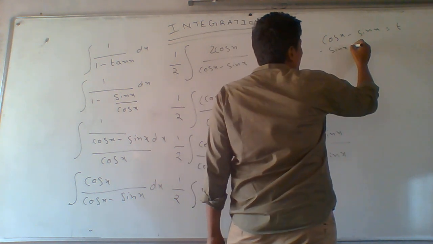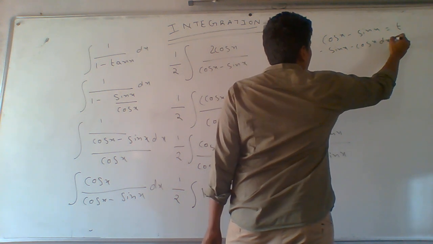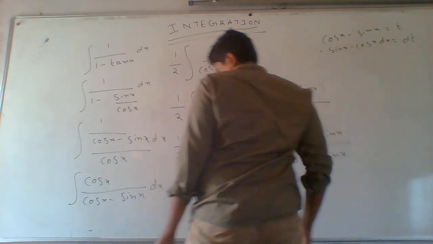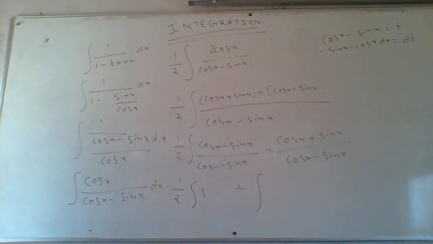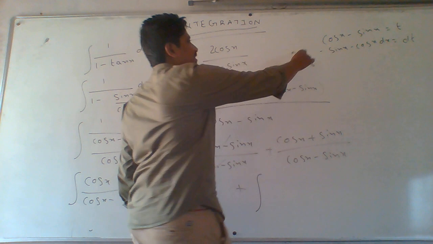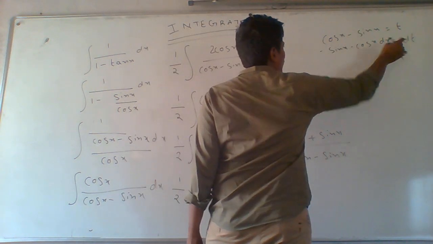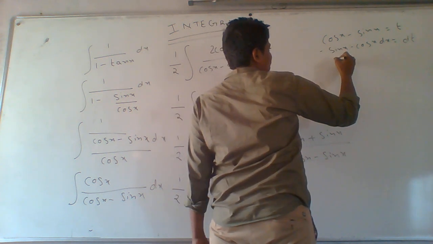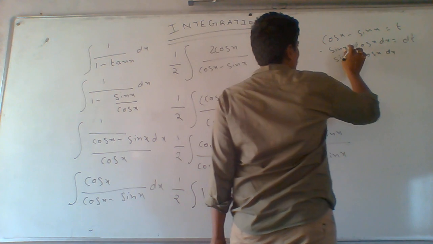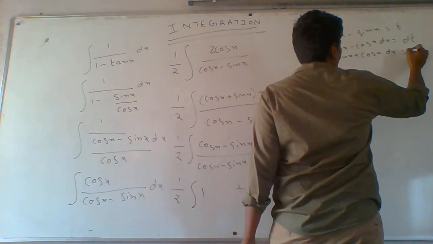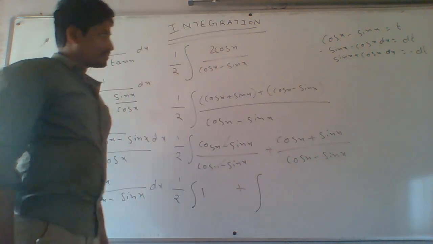It is minus cos x into dx equals dt. Minus sin x minus, for cos x the derivative is minus sin x, minus the derivative of sin x, it is cos x, dx equals dt. We can take minus common and send it to that side. It is equal to minus dt.